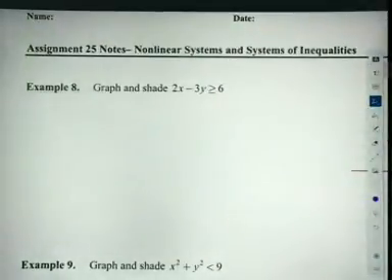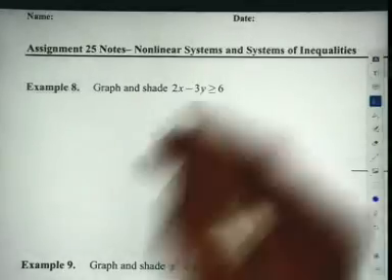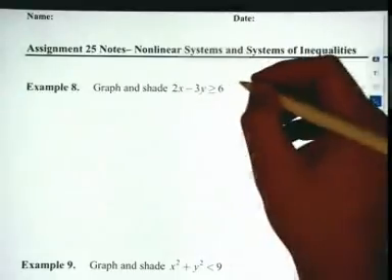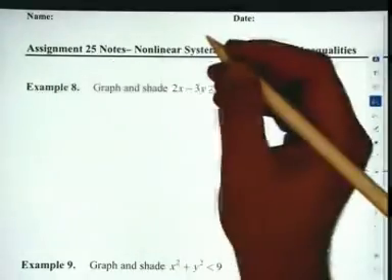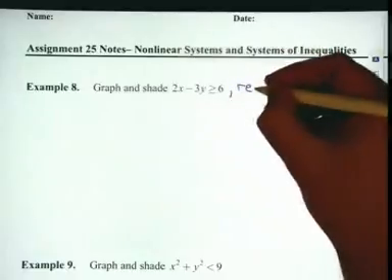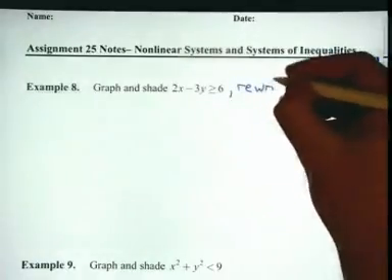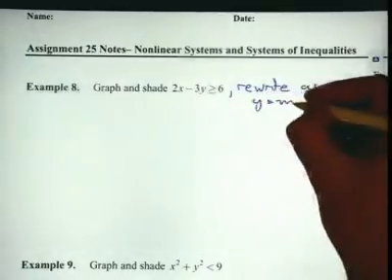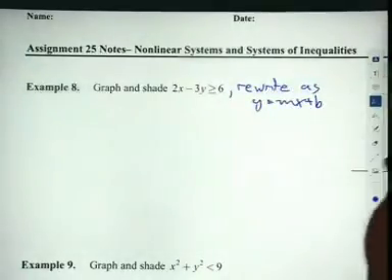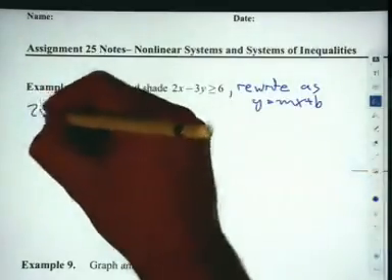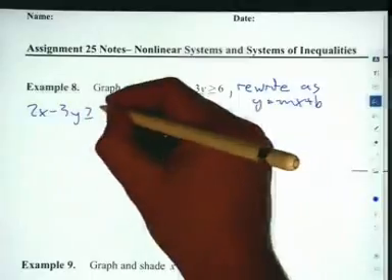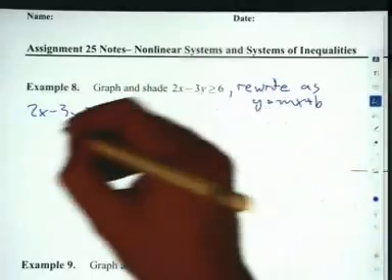Graph and shade negative 2x minus 3y is greater than or equal to 6. To get started, we want to rewrite it as y equals mx plus b.